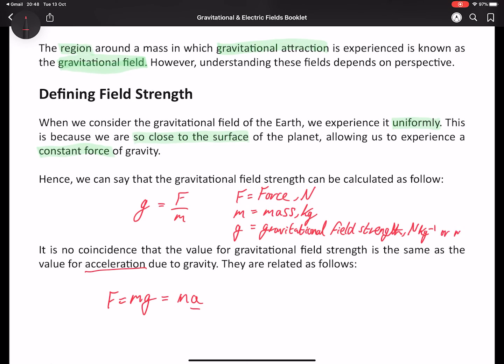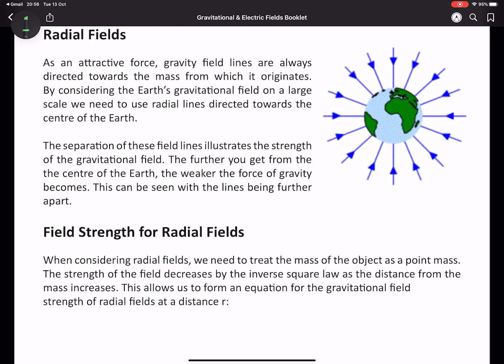As a result, we can easily say that the unit for gravitational field strength can also be considered to be meters per second squared. Now on the data sheet, both of these units are given, as you are given a value for gravitational field strength and acceleration due to gravity, both with the same symbol of g. Now in reality, the further out you go, the less this uniform field concept will hold.